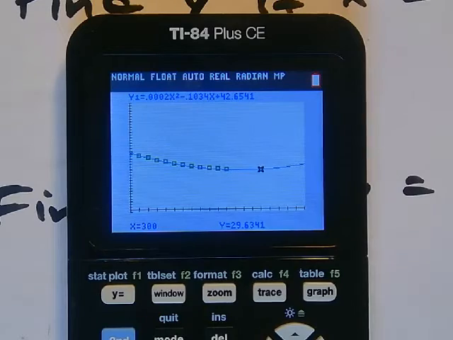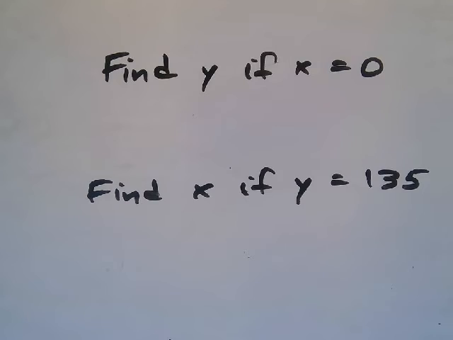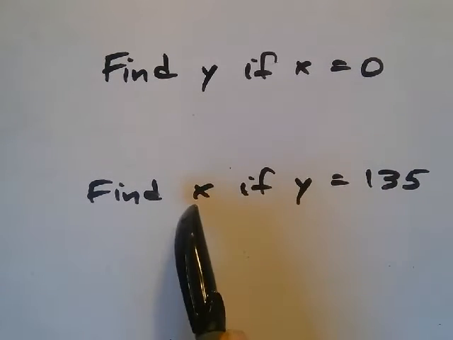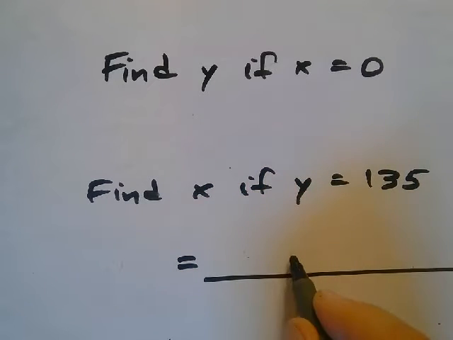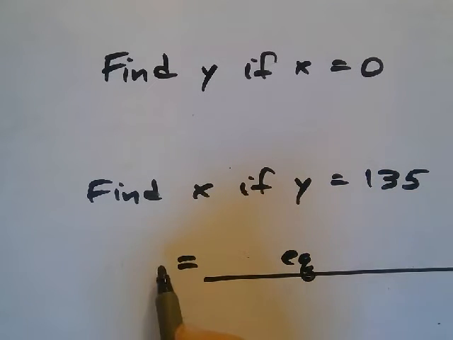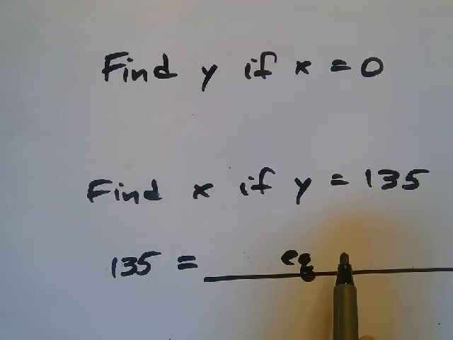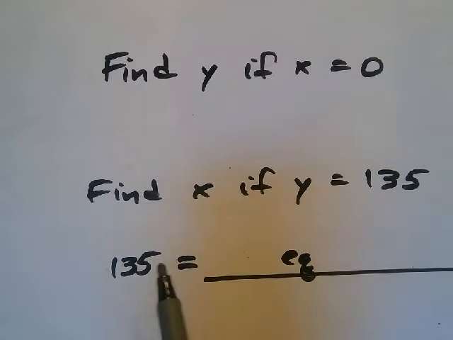Now the other problem is how to find x when you know y, and there are two ways to solve that. The second problem we're going to tackle here is how to find x if y is 135. Here's your equation over here. Instead of letting this equal 0, we let it equal 135, so the equation is equal to 135 at that point.